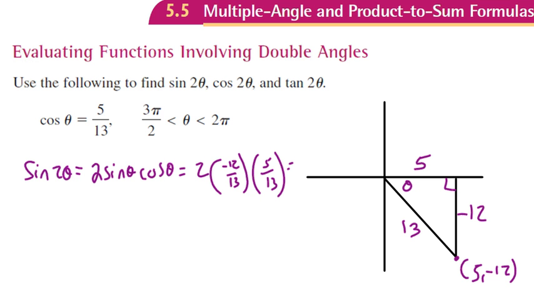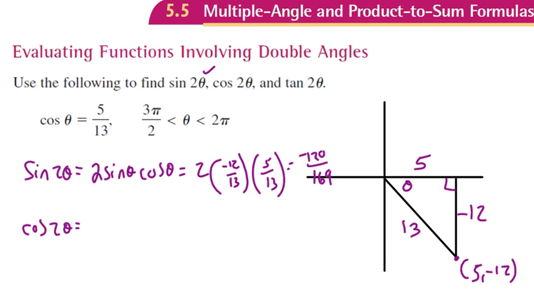Using your calculator, just multiply these all out. On the exam next week you will be able to use the calculator here. So multiply all those out, and you get -120 over 169. And that's what you get right there. All right, so check off.